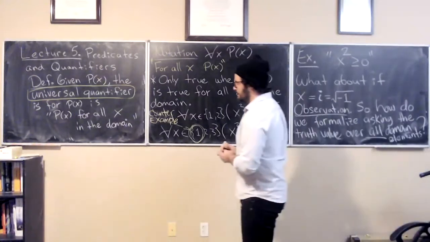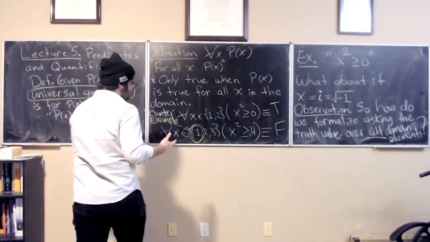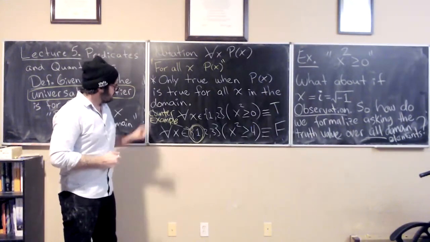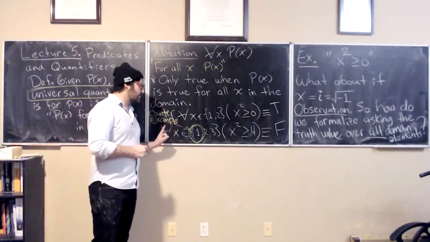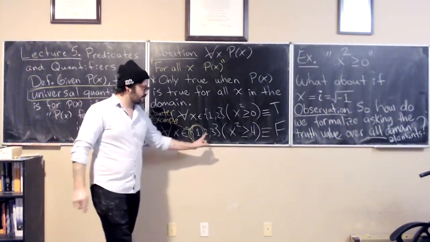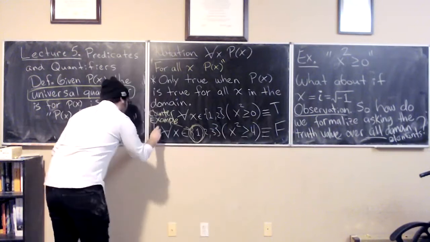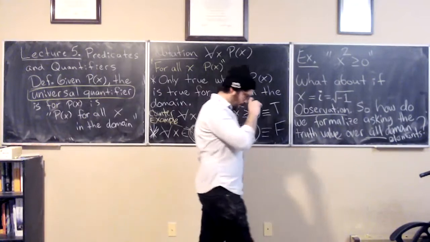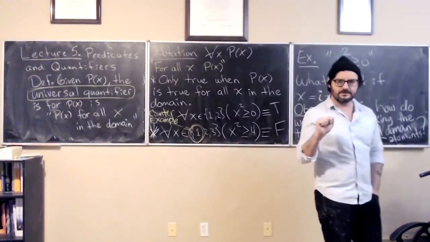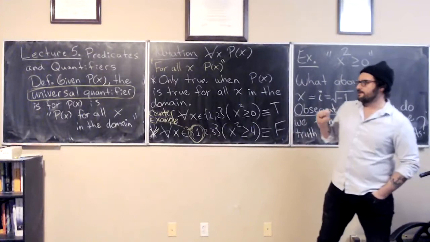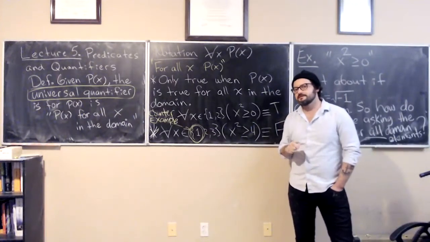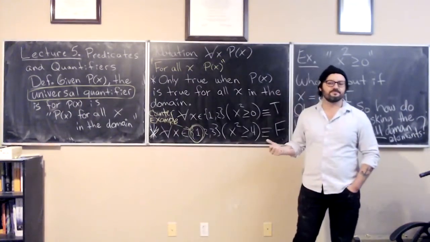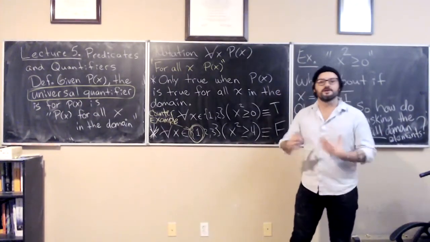Okay. Now, I think this brings me to the next definition rather nicely, because another way of wording this example right there would be maybe something like, does there exist an X in this domain that this is false? Is there at least one? Does there exist?